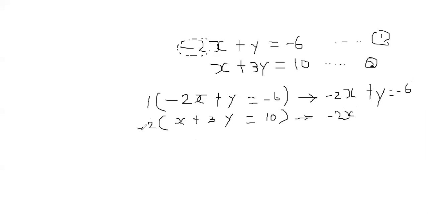And -2 times 3y will give us what? -6y. And -2 times 10 will give us -20, right? Good. So this is what we will use.